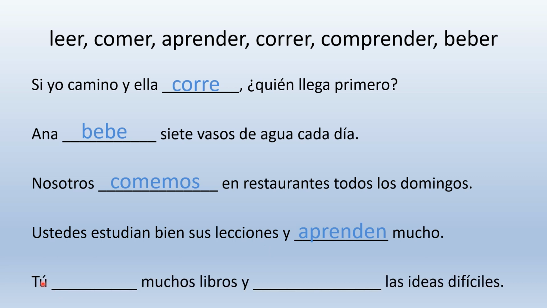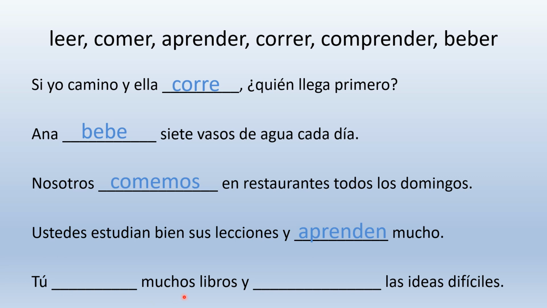Our final example here, tú, so you, familiar, blank, muchos libros, a lot of books. Y and blank, las ideas difíciles, the difficult or hard ideas. So, what do you do in the first blank?